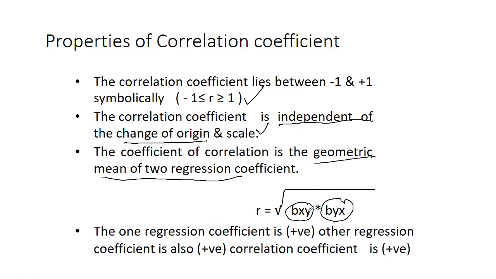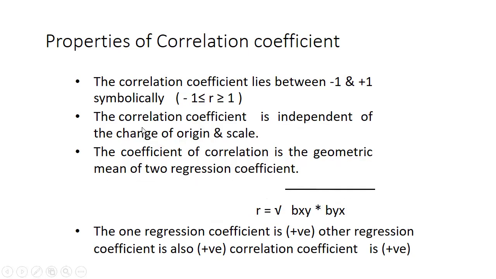When we multiply both and take the square root, we get the correlation coefficient r. If both regression coefficients are positive, there is a positive correlation. If both are negative, then there is a negative correlation.